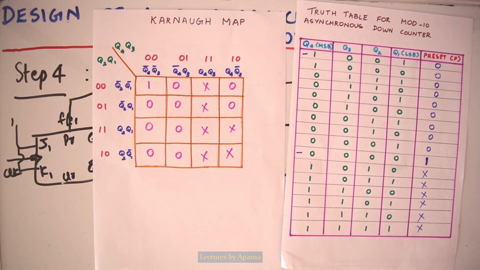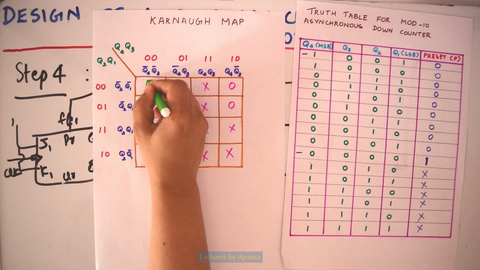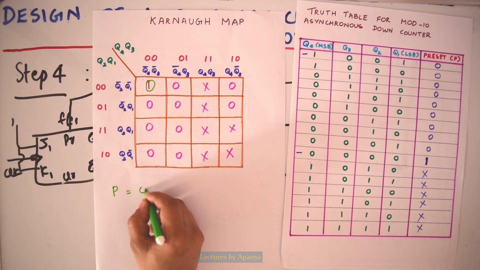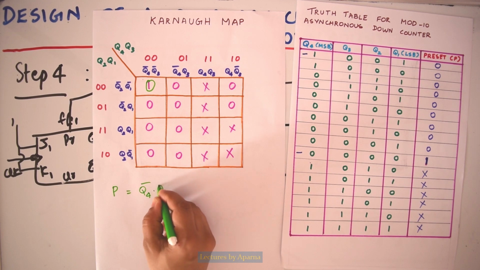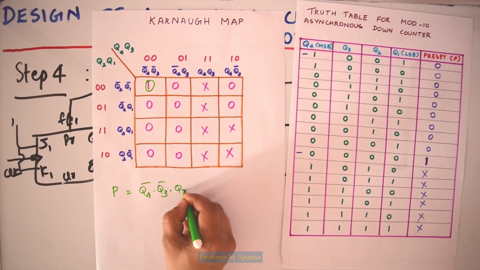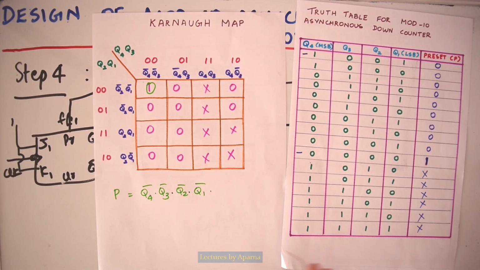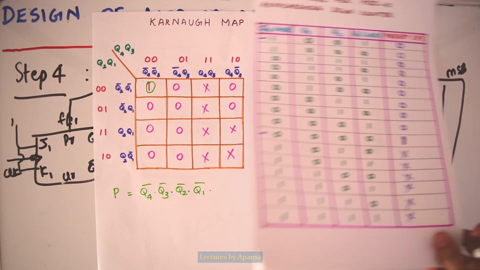Now I can group this like this. So here the value of preset is equal to, there is not much grouping here. So the value of preset will be Q4 bar into Q3 bar into Q2 bar into Q1 bar, which is the same as written by looking at the truth table.